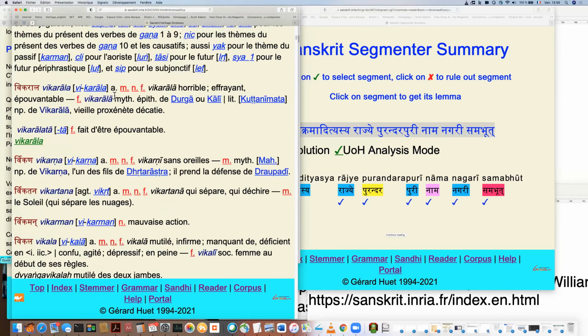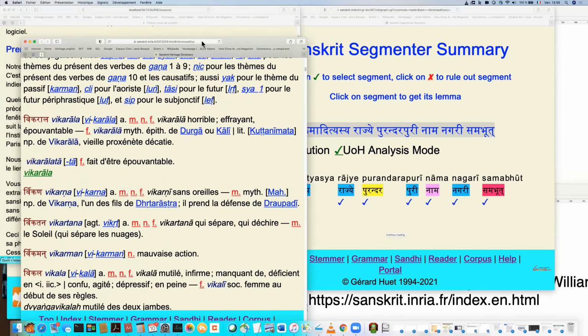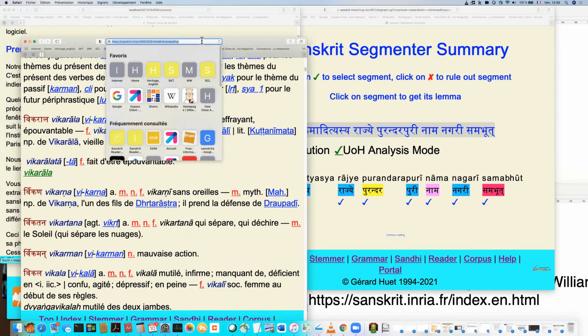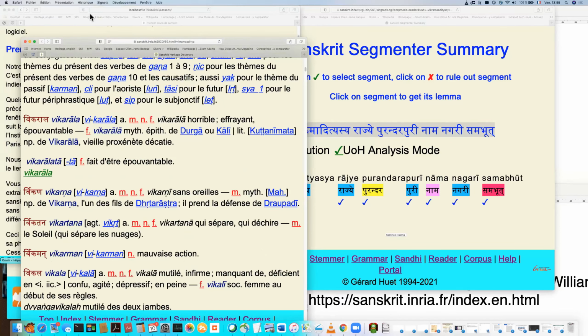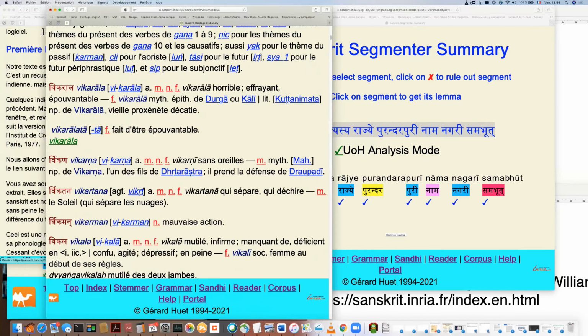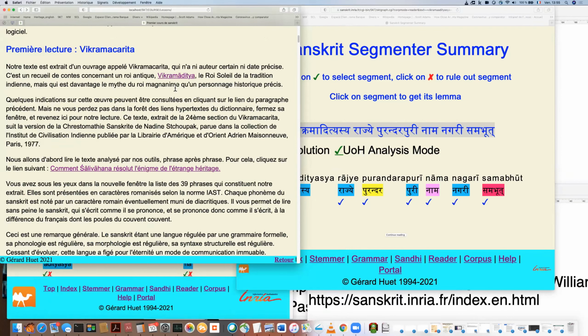If you go to my French dictionary, you will have some historical description. This Vikramaditya is historically Chandragupta II of the Gupta dynasty, which should not be confused with Chandragupta Maurya, of course, which is much older.